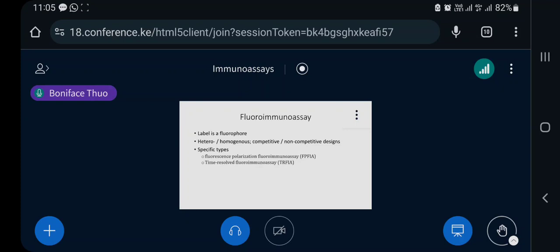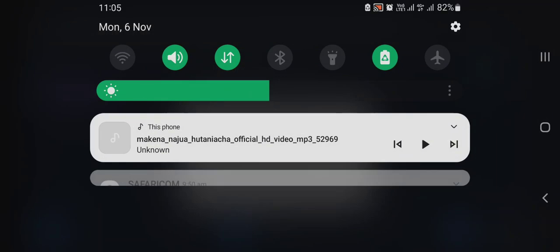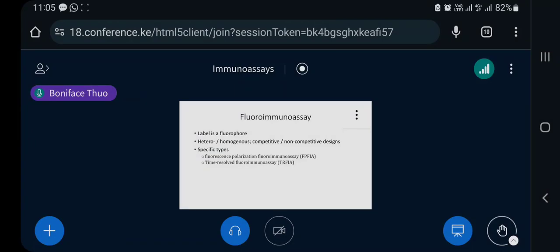However, in the case of EMIT, this is used for monitoring samples, like for drug use. These drugs of abuse are a common application for EMIT. And in most of these cases, there are kits which are available. So it's a whole range of things that we can talk about, which may not fit in our lectures.